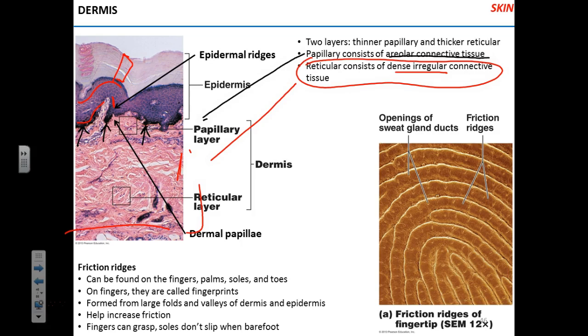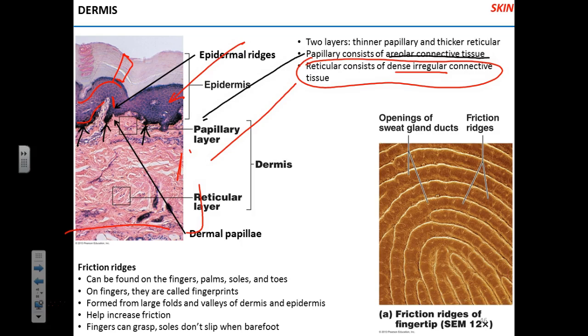What I want to tell you right now, I try to avoid, and I'm pretty successful at that, confusing anatomy questions. So you will not get a question with an arrow pointing here asking what layer is that? How are you supposed to know?